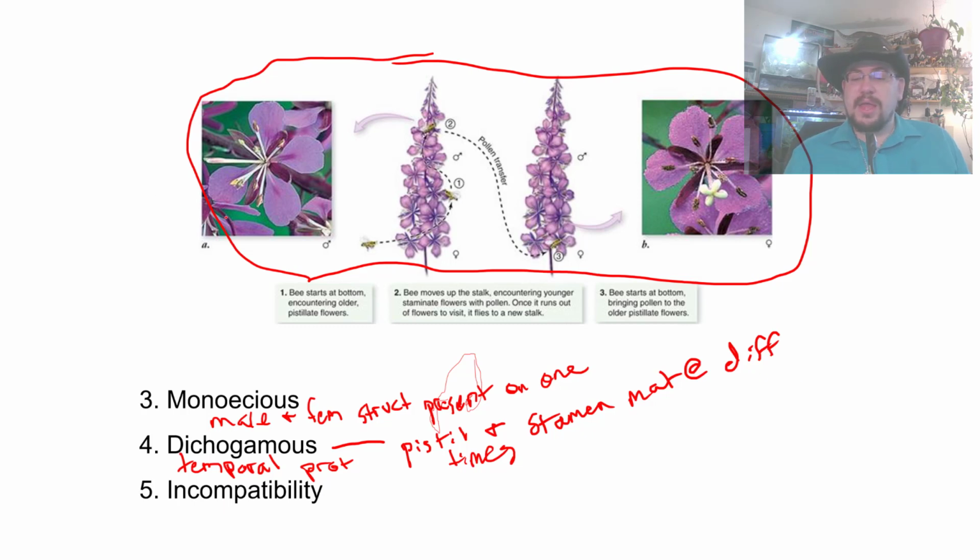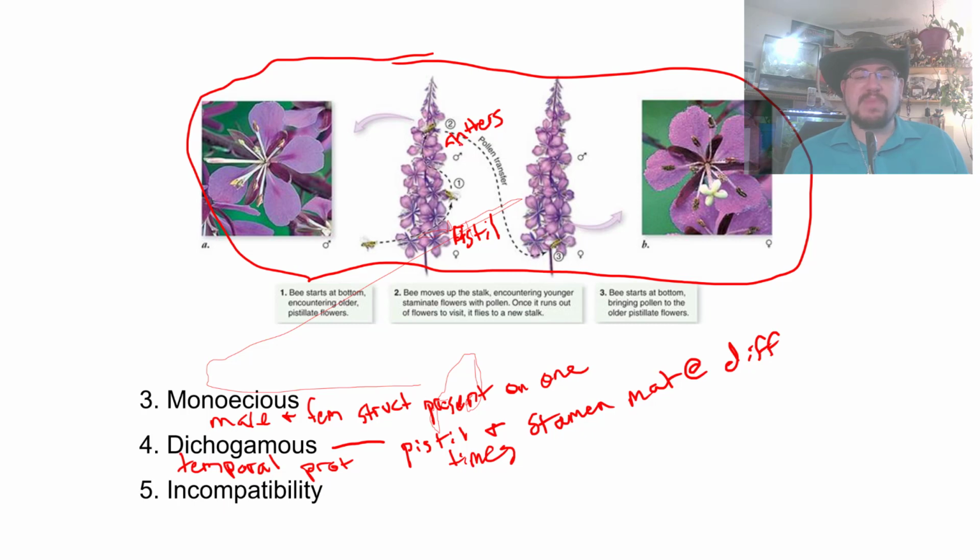Right? So at the base, they encounter female reproductive structures, the pistil structures. So down here at the base, we have the pistil. And then up here at the top, we have our mature anthers.